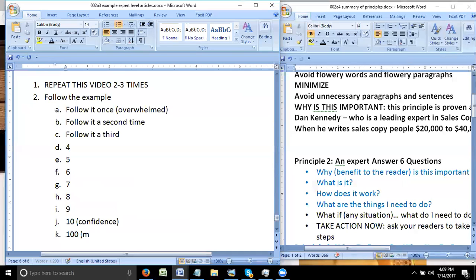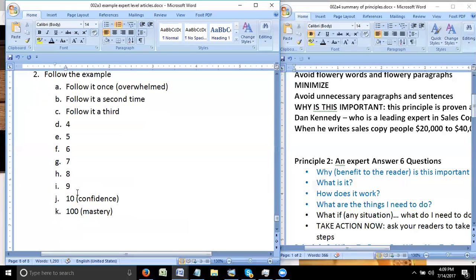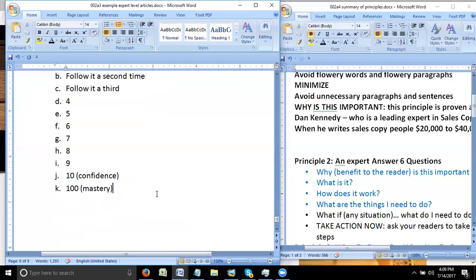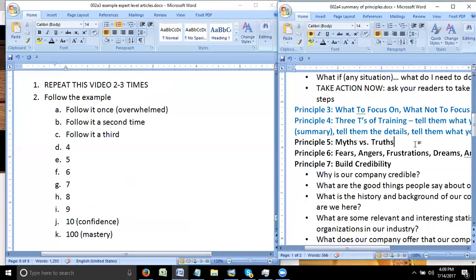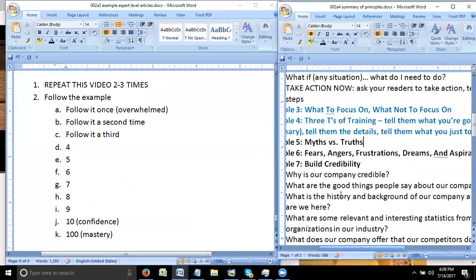You are going to gain mastery eventually. The more you use these principles, the more you will learn to master them.